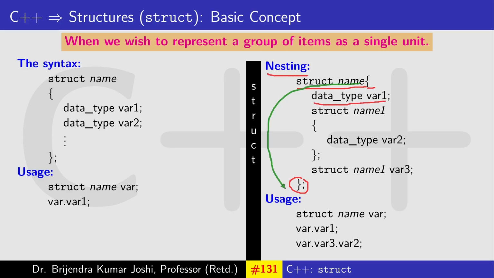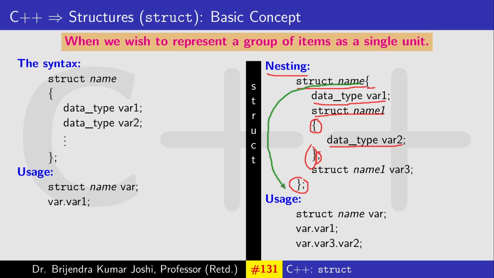one variable I have declared here as an example of some data type, and as many as you like or require. Then inside this, struct name 1. This name should also be unique within this scope. Opening brace, closing brace, semicolon, and inside this as many data types and variables as you require.